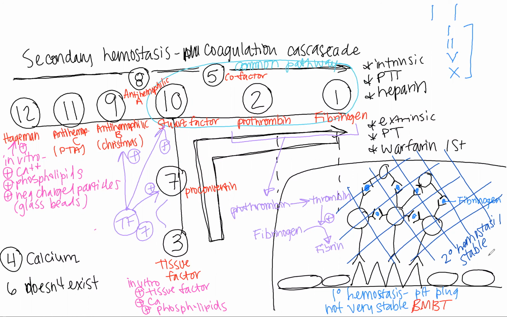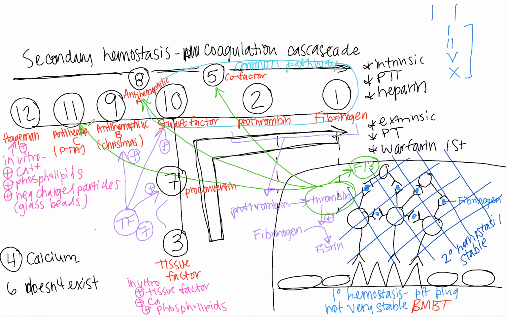Okay, so some other things that happen though. Thrombin does some additional things too. It stimulates factor 13, which is a fibrin stabilizing factor. And then it also activates 5, 8, and 11.